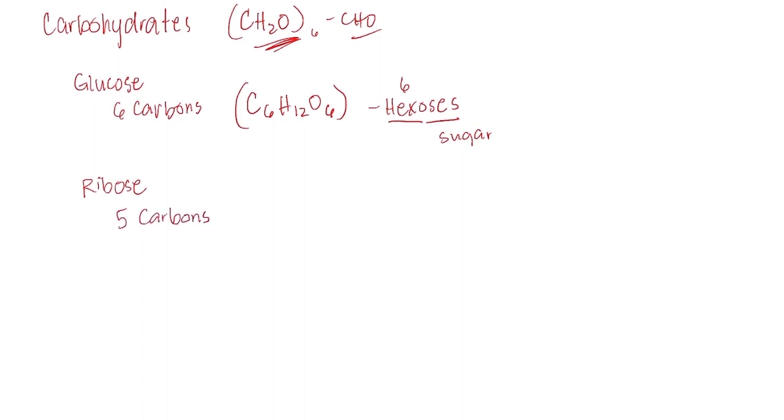So the molecular formula for ribose is C5H10O5. This is the molecular formula for pentoses. Pentose, 5, oses, again, sugar. Again, carbohydrates, hydrates of carbon.